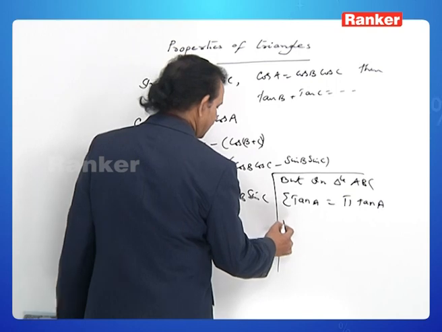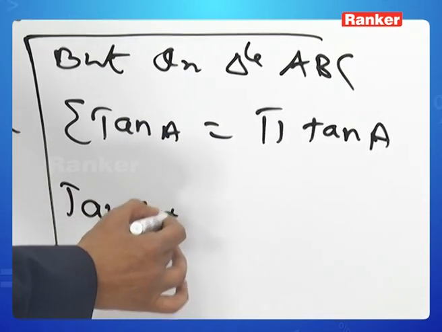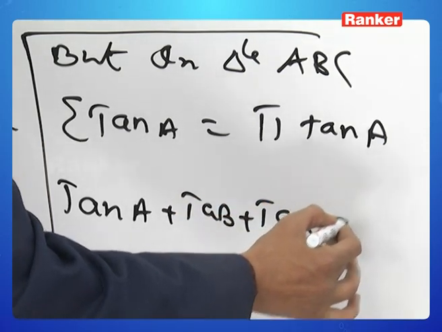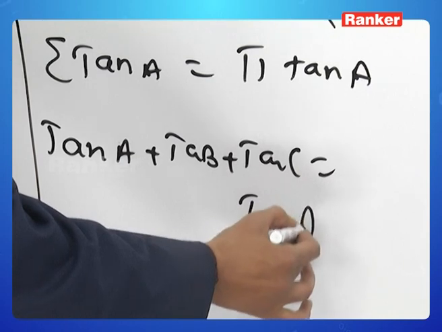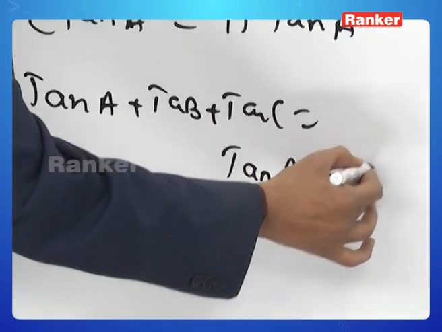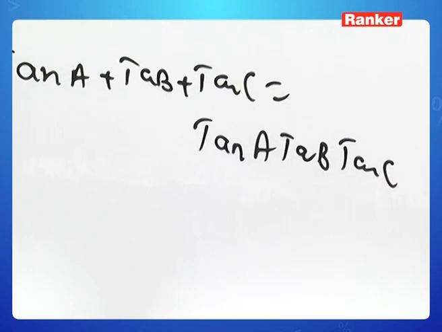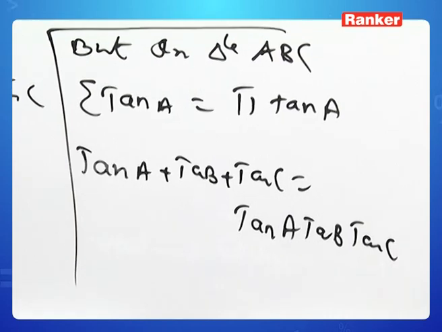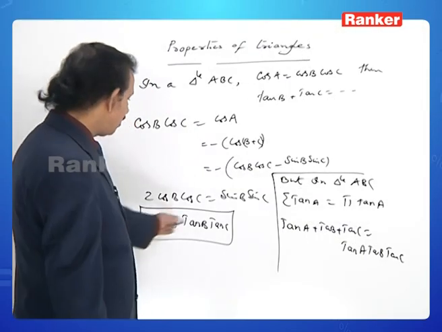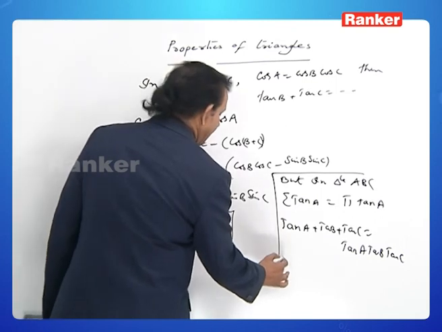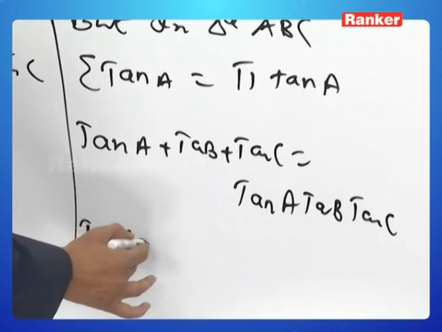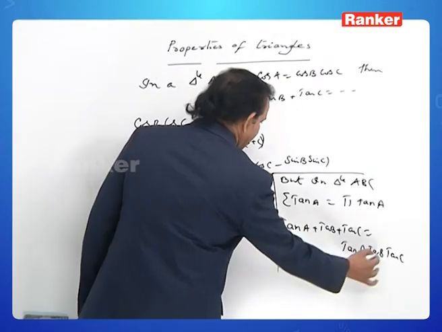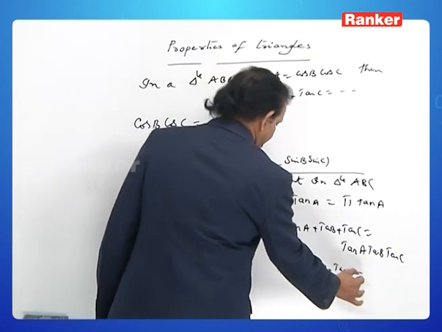Sigma tan A is nothing but tan A plus tan B plus tan C is equal to tan A into tan B into tan C. Of course, there in the right hand side, in the place of tan B into tan C, you can write 2 because we could have already got it. Therefore, tan A plus tan B plus tan C is equal to tan A times 2, so it is 2 tan A.